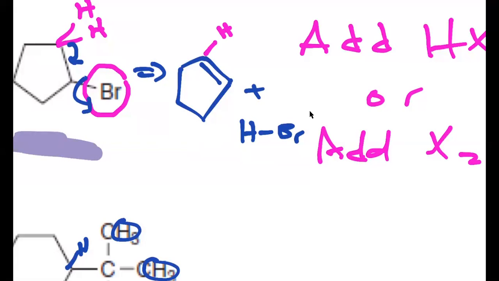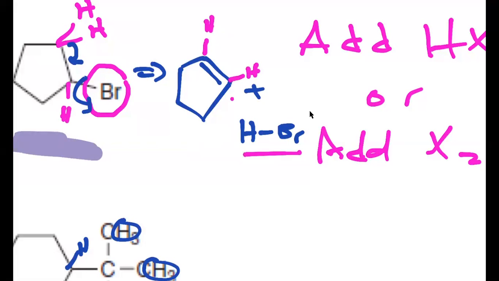I only took off one of them. Remember, you've got to have 4 bonds. And then there's also one here, but that's not alpha, right? But it's still there in the starting material.